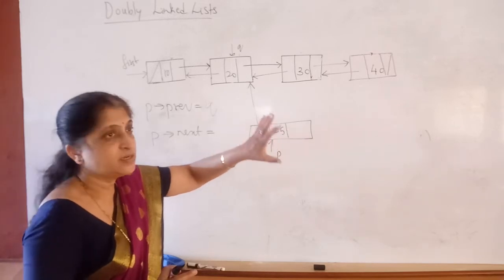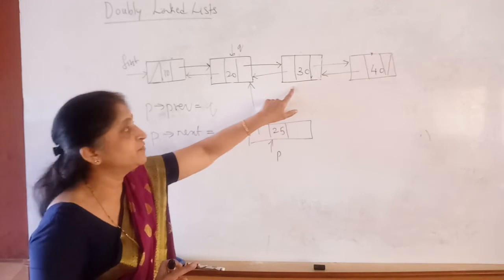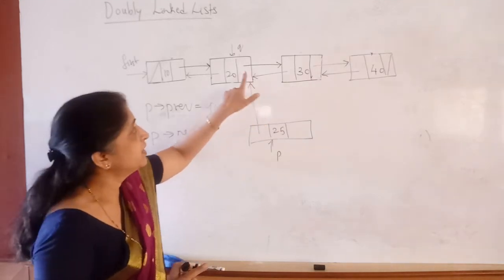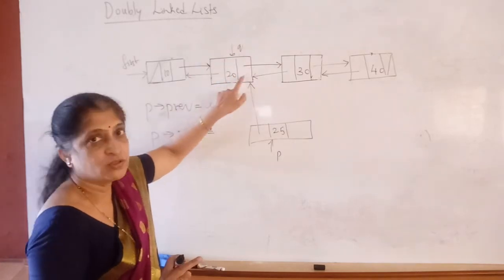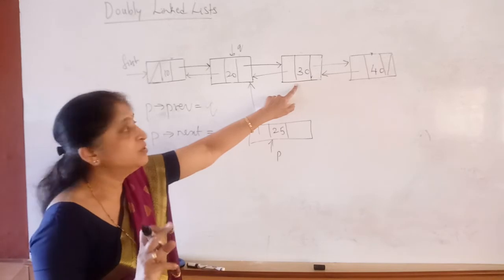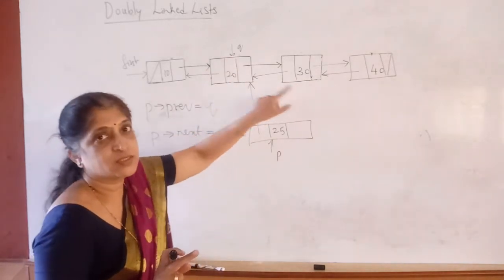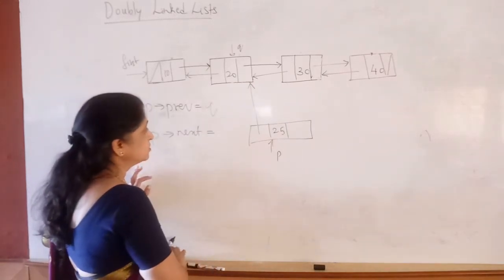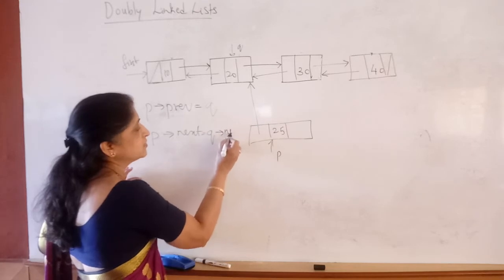I have to write a pointer to this node. How do I get a pointer to the node with the data 30? I can get that node address here. That means Q is pointing to this and the next field of this is pointing to the node with the value 30. So I have to write P next is equal to Q next, current Q next. So that will be P next is equal to Q next.